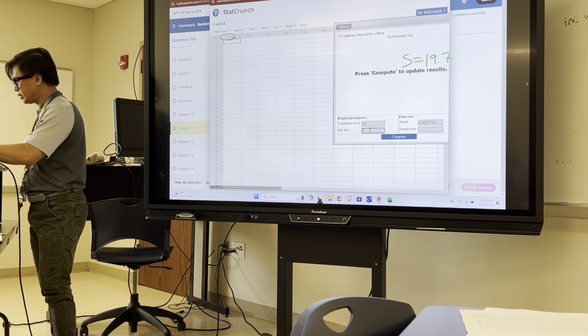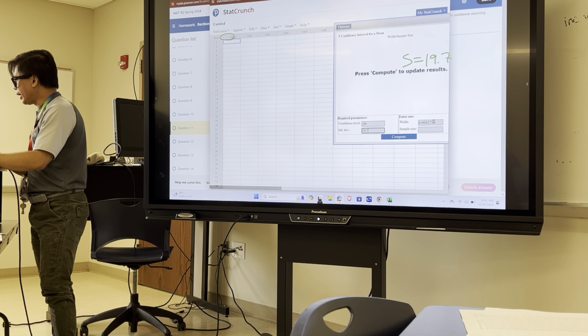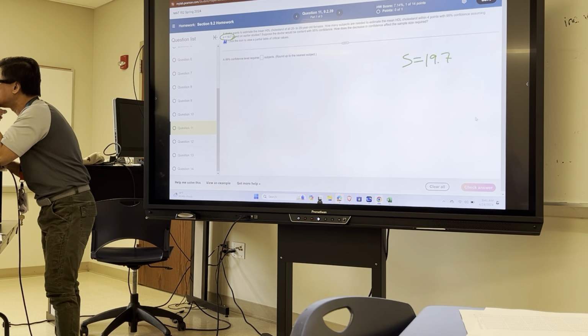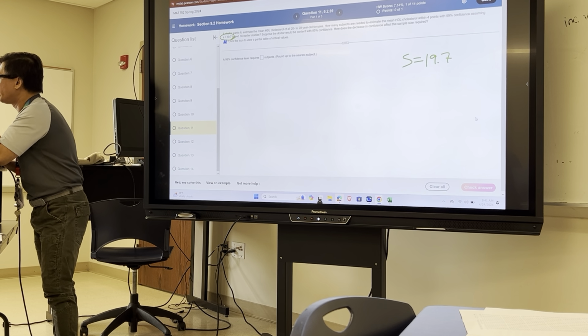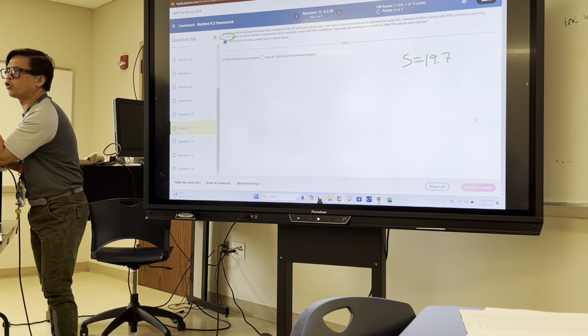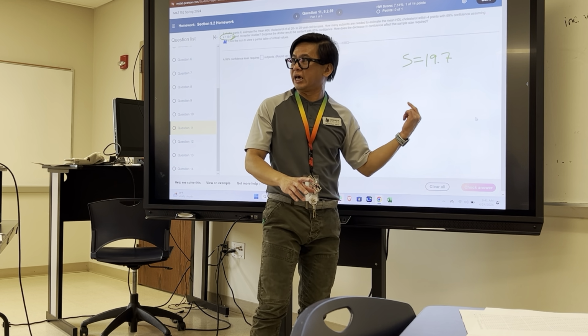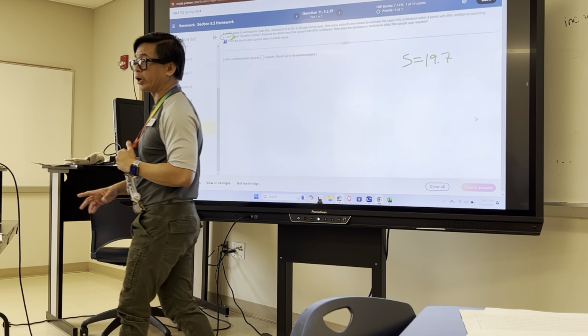Standard deviation is 19.7. And the width, based on the given problem, it says within 4 points, right? Cholesterol within 4 points. So within 4 points means 4 points to the right and 4 points to the left, which means 8 points all in all.